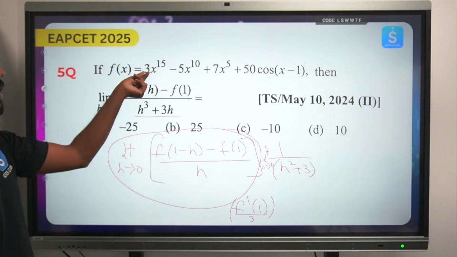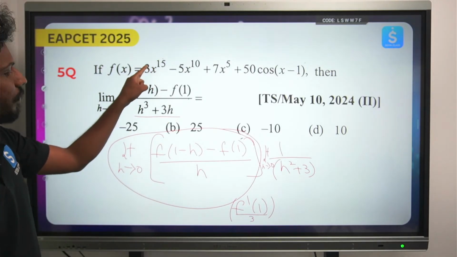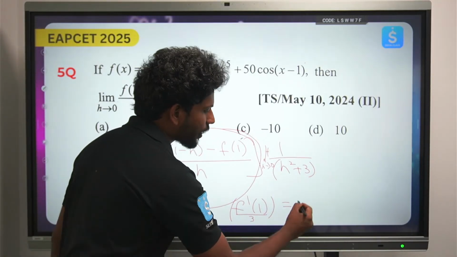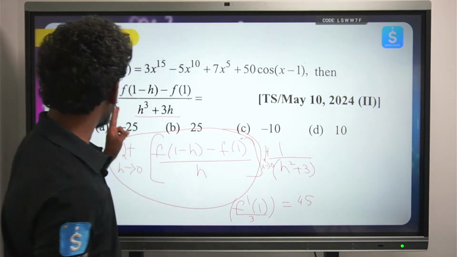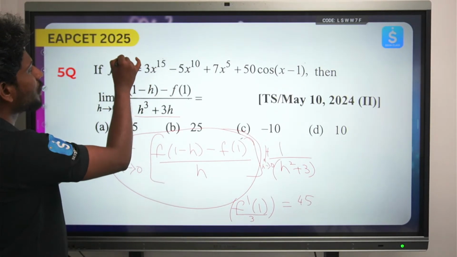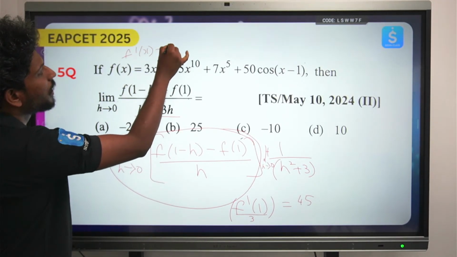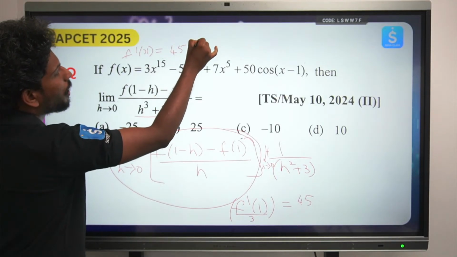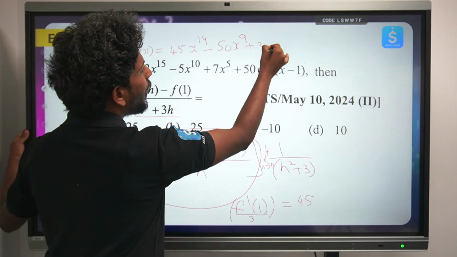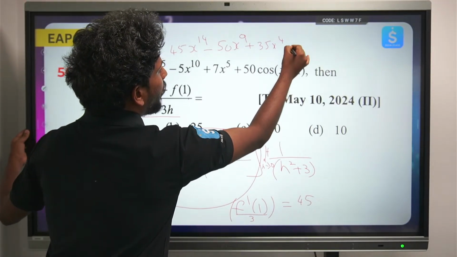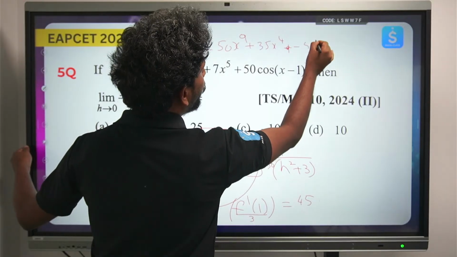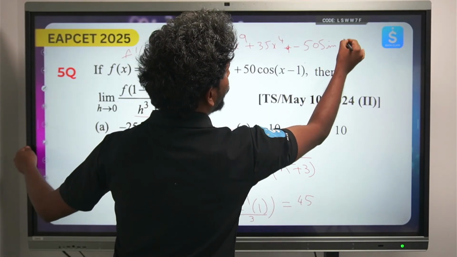Now you differentiate this. 3x power 15 will become 3 into 15, 45 x power 14, which is again 45 because it is the value of f dash of 1. So what is f dash of x? That is 45 x to the power 14 minus 50 x to the power 9 plus 35 x to the power 4 plus, not plus, in fact minus 50 sin x minus 1.